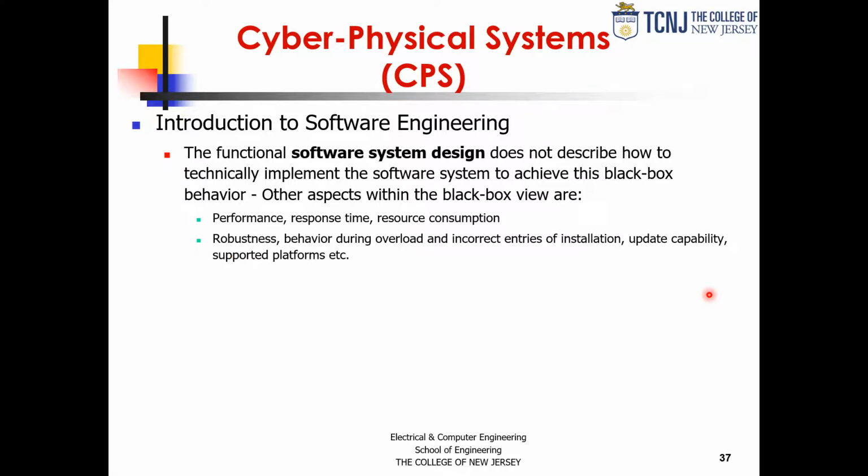So again, this system view does not describe how to achieve the work from a technical perspective. It doesn't say how it needs to be done. It concentrates on what needs to happen, not only from a functional perspective.